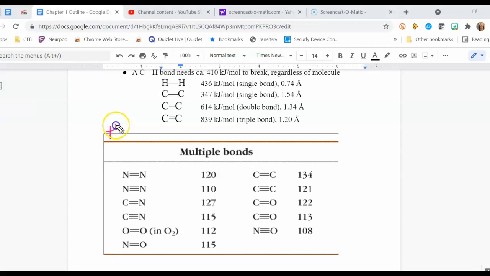The shorter the bond, the greater the bond energy. In other words, the energy it takes to break the bond.